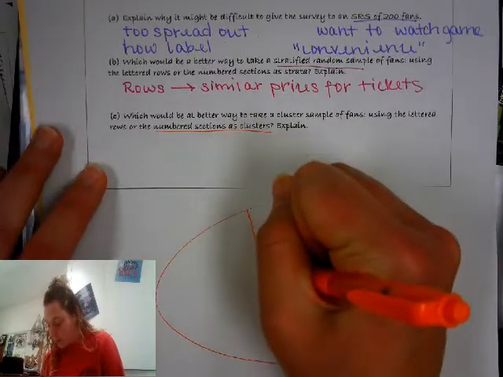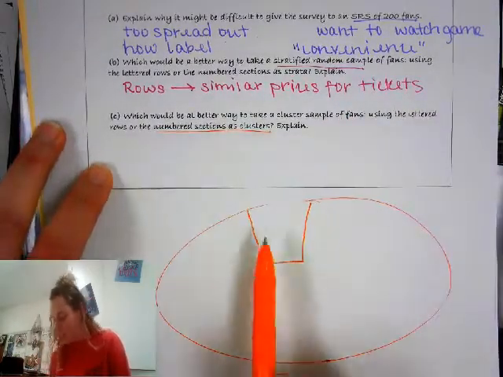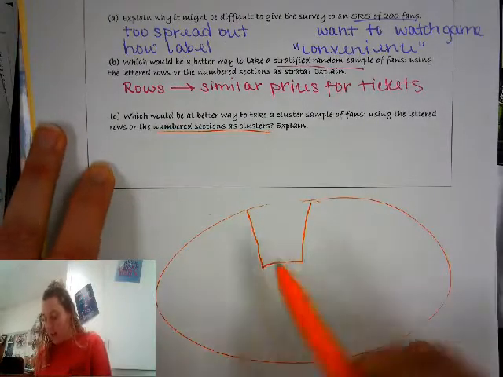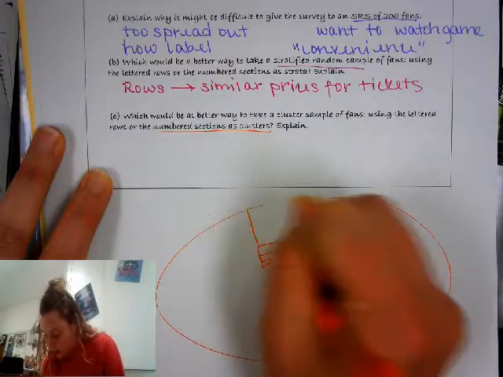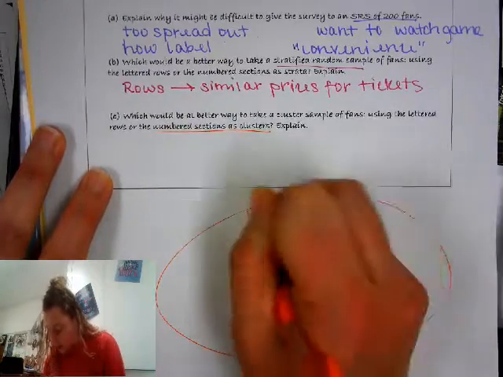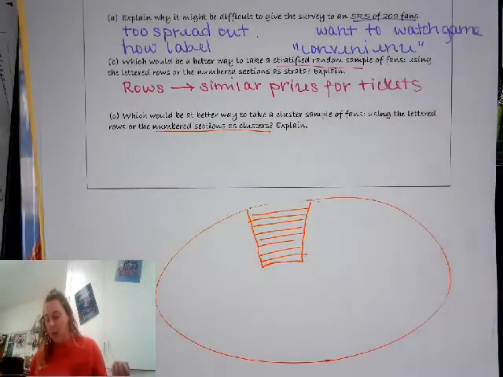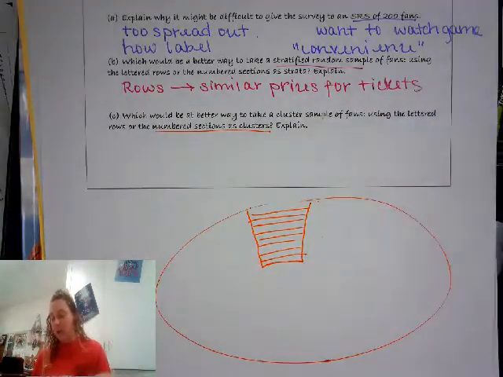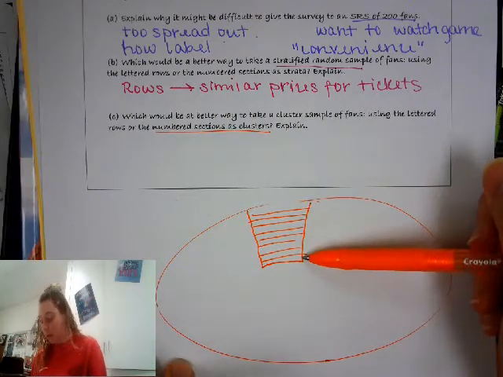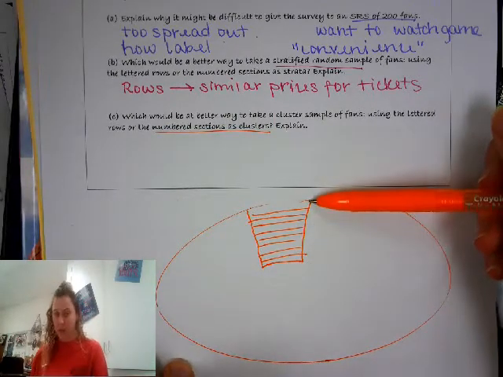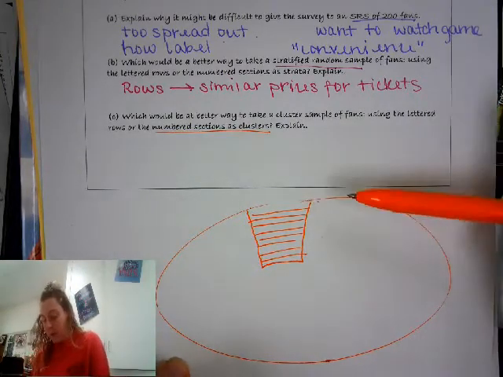And within this numbered section, you have people really close to the court and then people not close to the court. So that numbered section, in theory, should mirror the entire arena, because we have people willing to pay top dollar to be right on the court, and then people who want to go to the game but not break the bank. So numbered sections make a better cluster, because clusters should mirror the population.